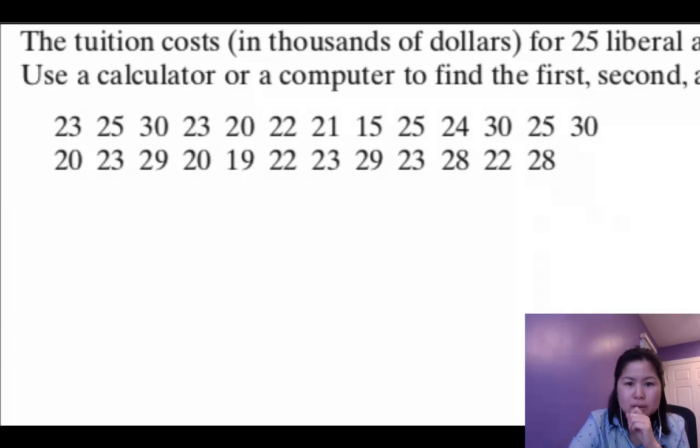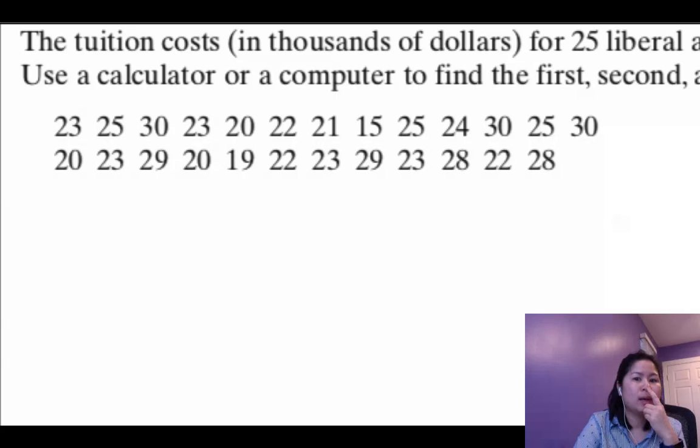I'm going to share the calculator. So we go to stat. The same thing that you would do for standard deviation. So hit stat, option 1, we're going to edit. We're going to enter in the scores.